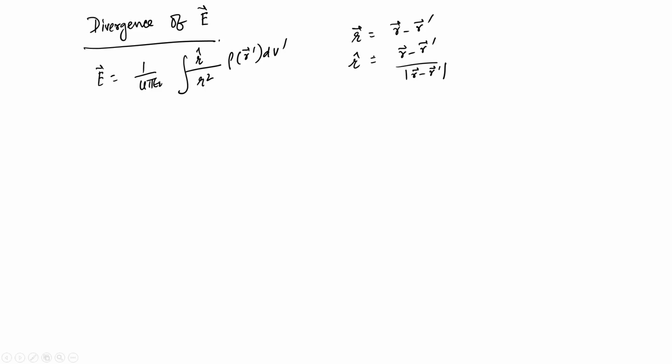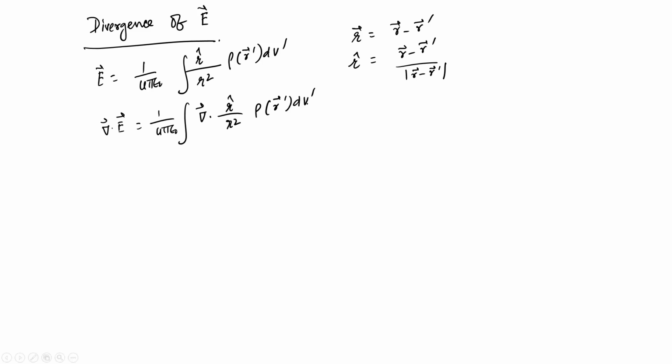Okay. So, divergence of E is simply the divergence of this quantity, and so it is divergence of r cap by r square and rho of r prime dv prime.